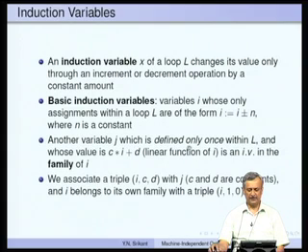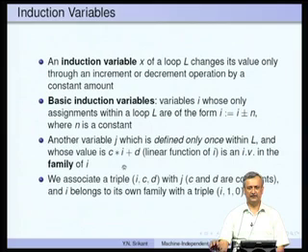Another variable j which is defined only once in L and whose value is c star i plus d, a linear function, is an induction variable in the family of the variable i. So, this is also an induction variable, it is just that j depends on i.